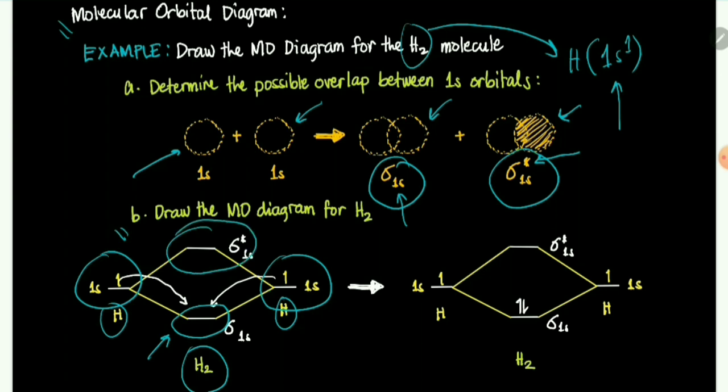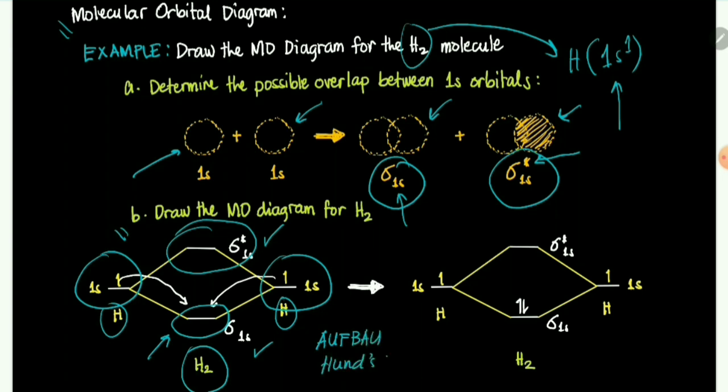Okay? So meron na tayong molecular orbital for the hydrogen molecule. So that's the sigma 1s bonding orbital and the sigma 1s antibonding orbital, or the sigma star 1s. So since tig-isa lang yung electron nila, ang nasa molecular orbital mo ay dalawang electrons lang. So ilalagay nyo muna siya sa mas mababang energy bago sa mas mataas na energy. So i-follow nyo dito both yung Aufbau and the Hund's rules.